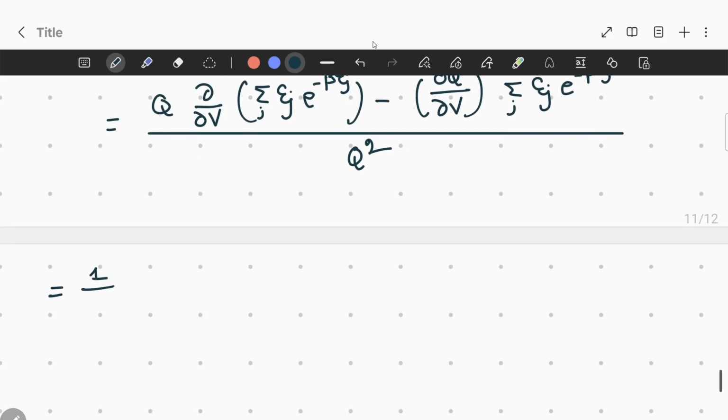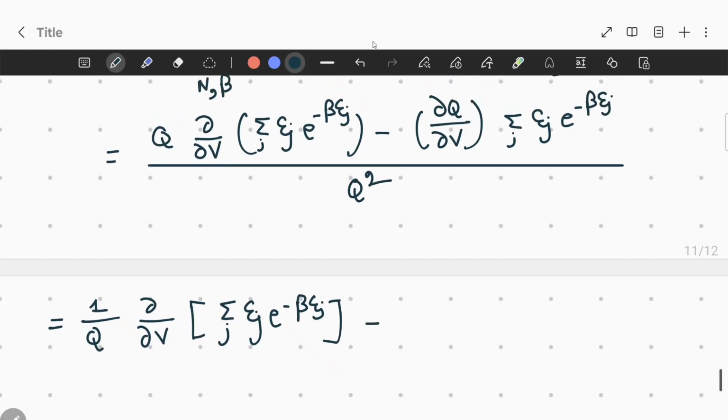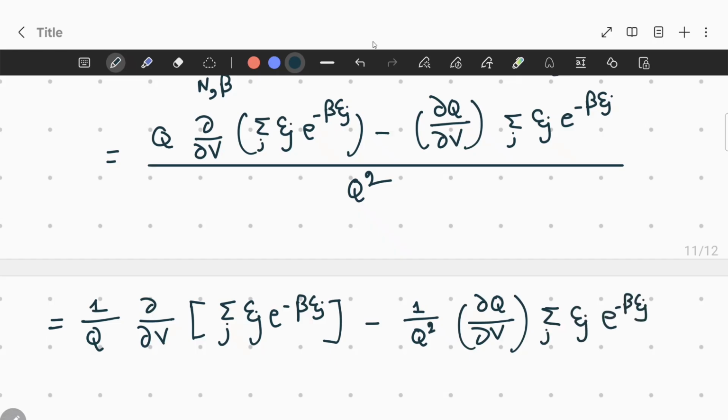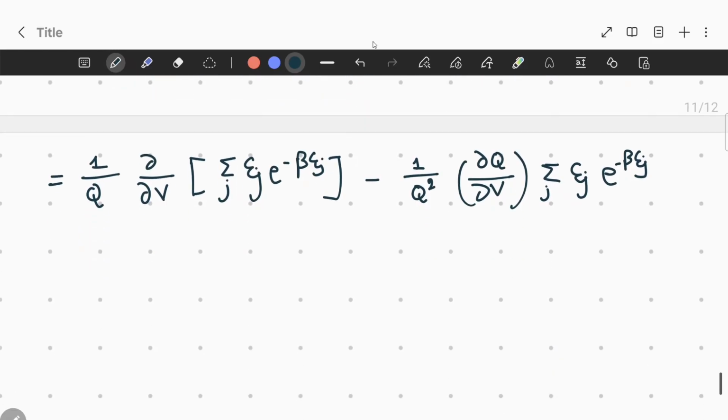So it will be 1 by Q. Okay. This is clear. Yes.